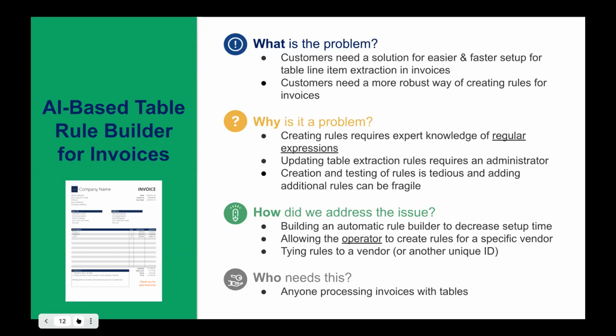So we took the case of accounts payable, and a lot of our testing is around invoices. Now, that doesn't mean that this won't work for other document types, because as you know, a table can look like a table compared to other tables. But all our testing has been heavily focused on invoices. And so what we're saying with this initial release is that our recommendation is that if you are processing invoices and you have a use case with tables, then heavily think about the use of this feature.